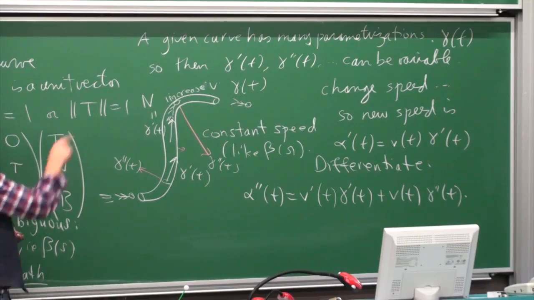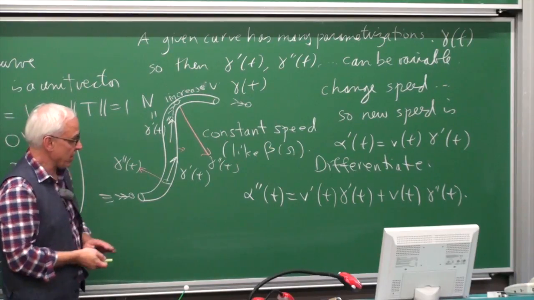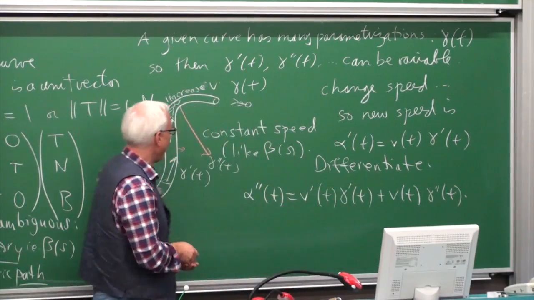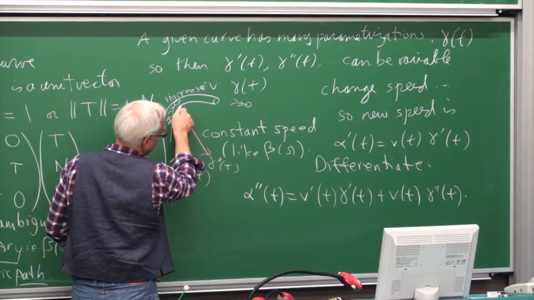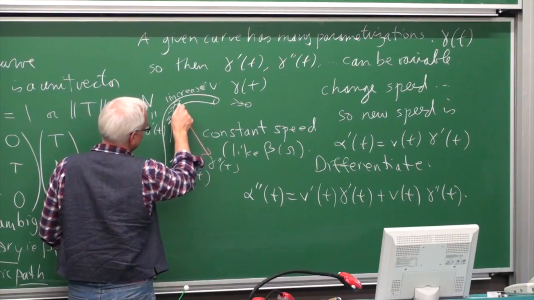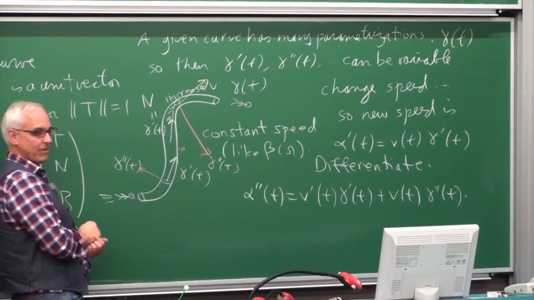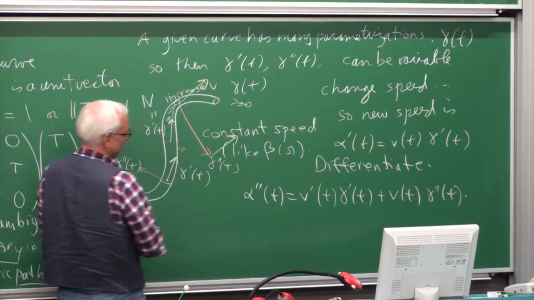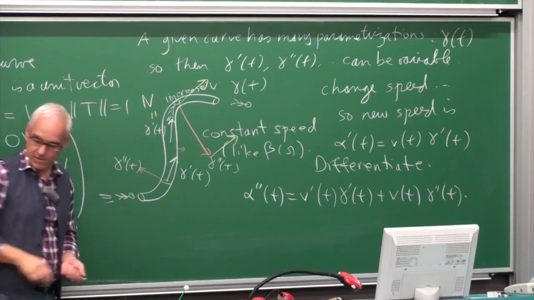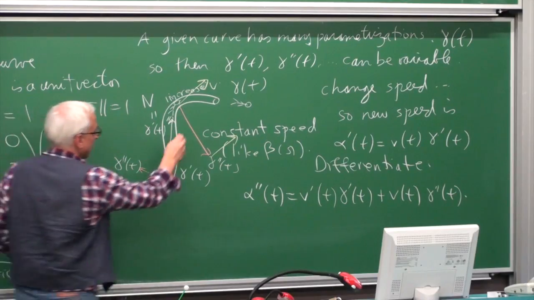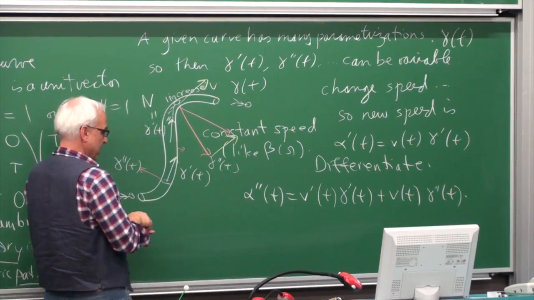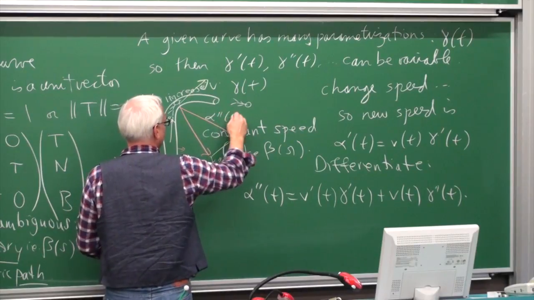So he's getting some more acceleration, and that acceleration is going to add to the acceleration that he already has, giving us a new acceleration in that direction. Okay, so to augment the one that we already have, there's going to be a new acceleration, something like alpha double prime of t.